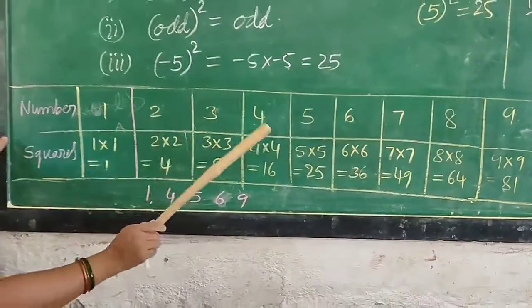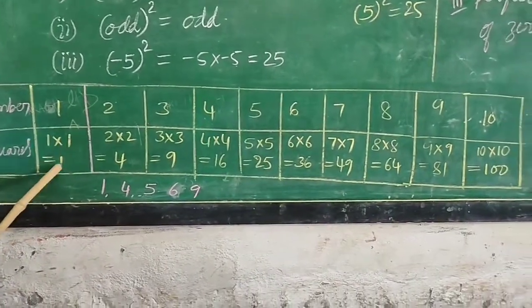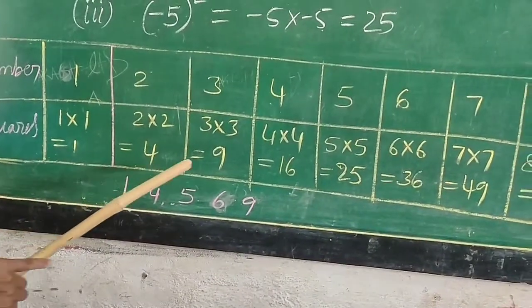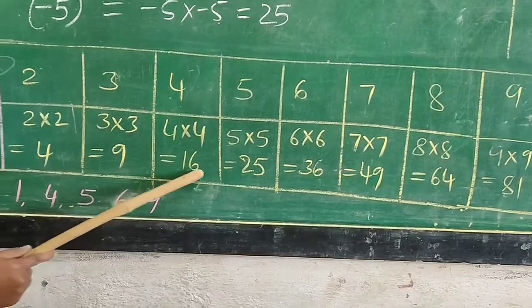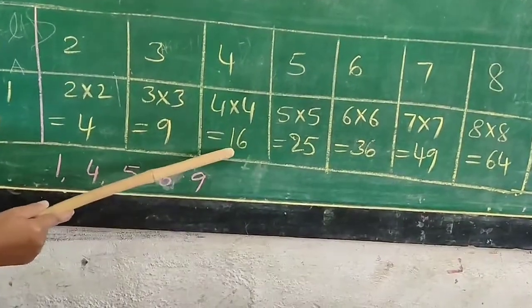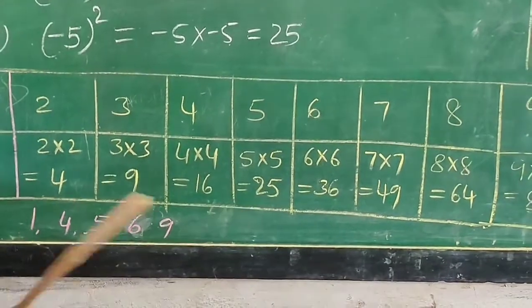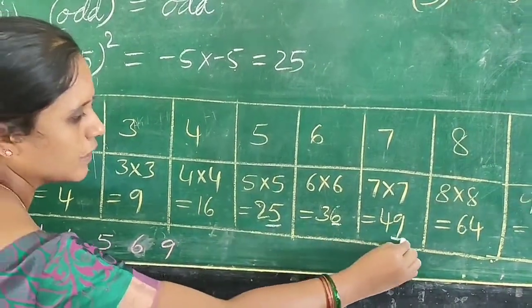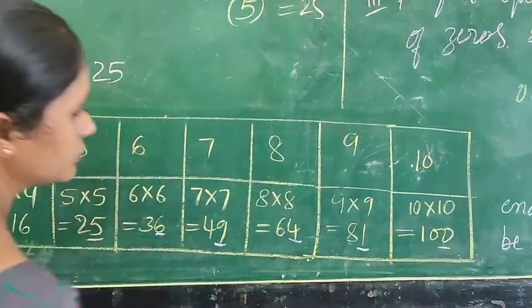So here we take 10 square numbers. You can look at the unit digits. Here 1, 4, 9. Here is 6, the unit digit in the square number 16. In 25, the unit digit is 5. Then 6, 9, 4, 1, 0.